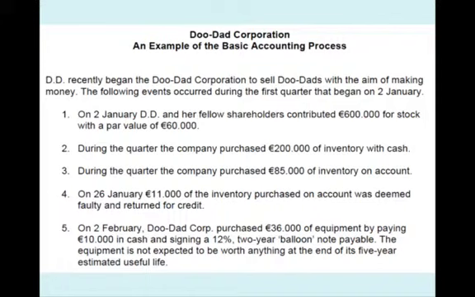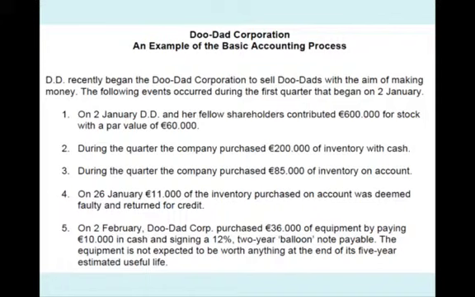Number four, on 26 January, €11,000 of the inventory purchased on account was deemed faulty, and we returned it, quote, for credit. That is, we don't have to pay. They reduced how much we owed them.